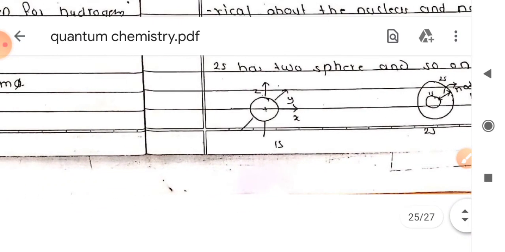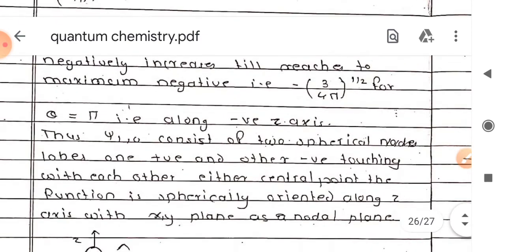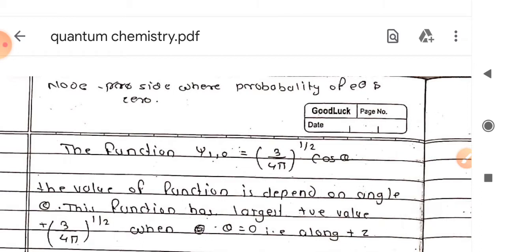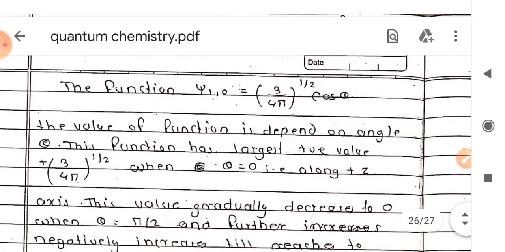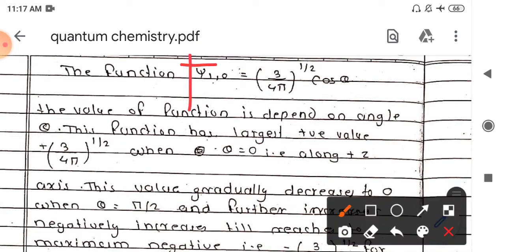Now next is the shape of the p orbitals. The function is given by under root of 3 by 4 pi cos theta.